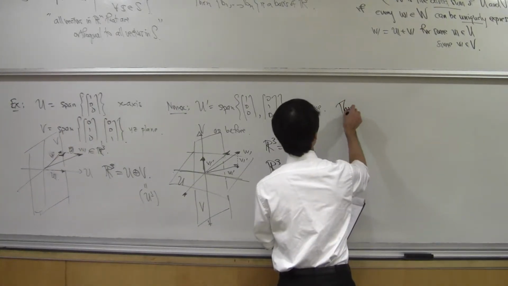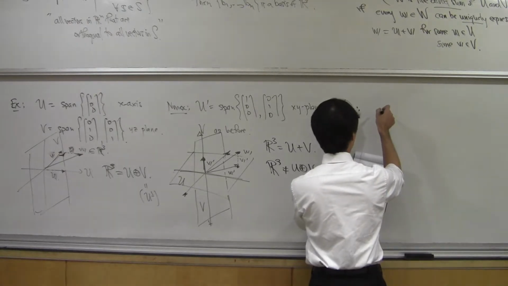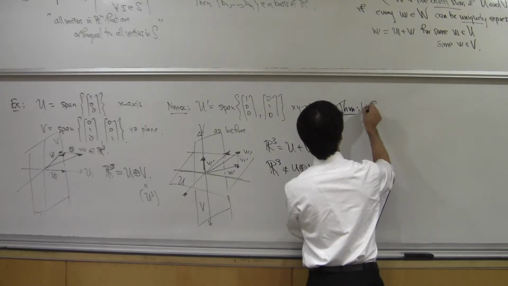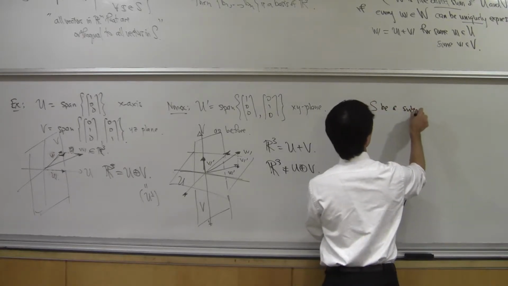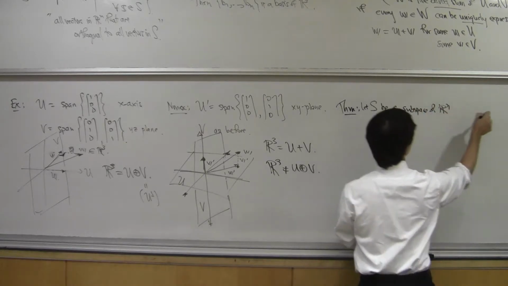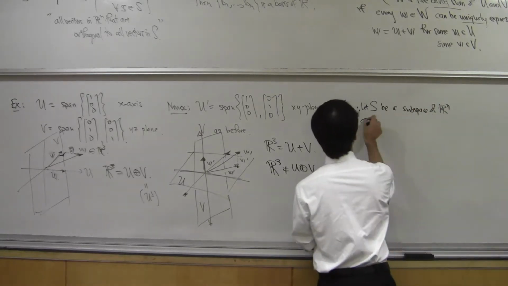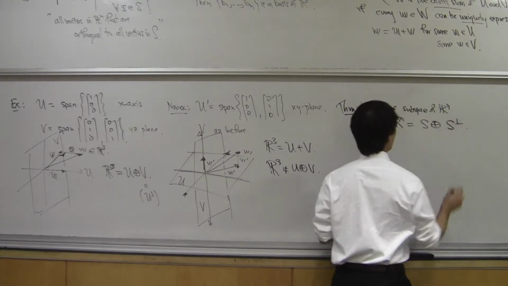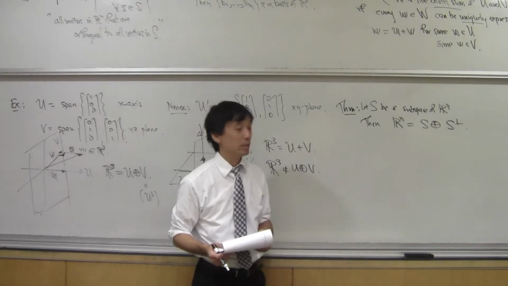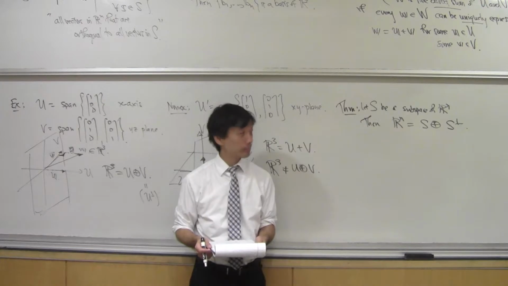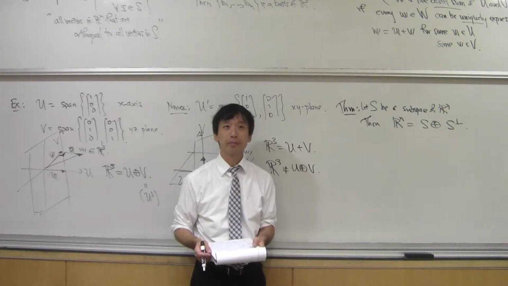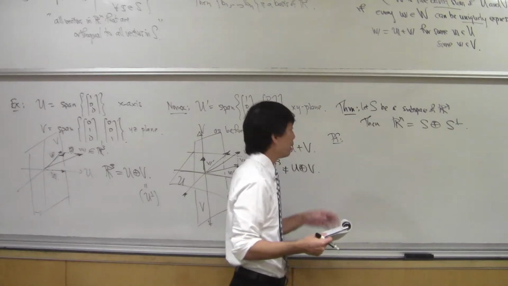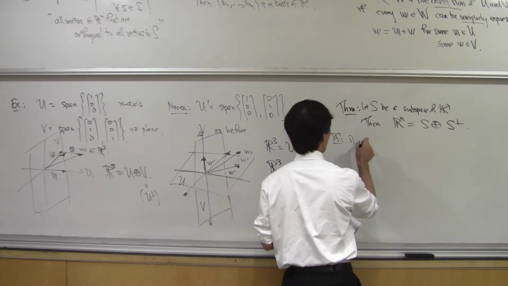So here's the theorem. Let S be a subspace of Rn, then Rn can be broken up into the direct sum of the orthogonal complement of S with S. You have two parts of the proof. You need to show two things.